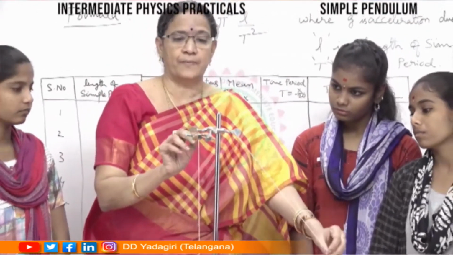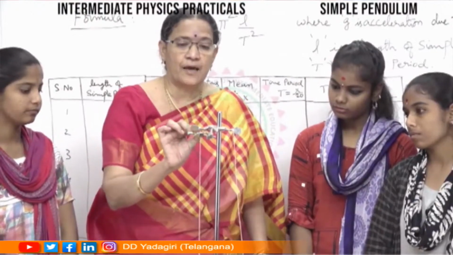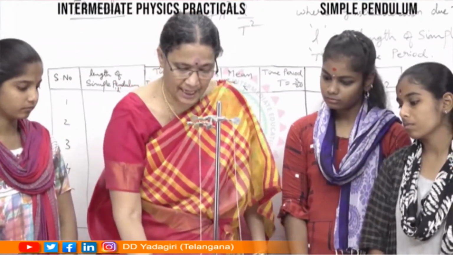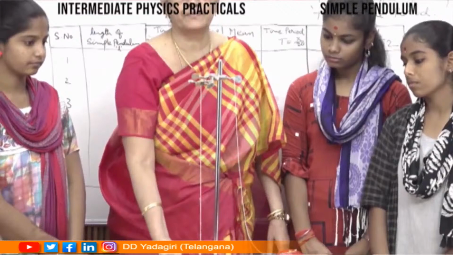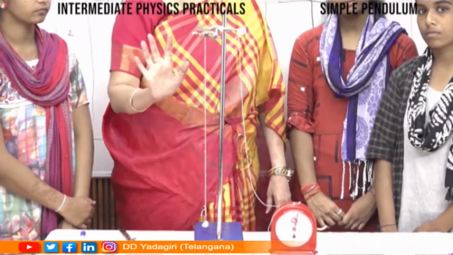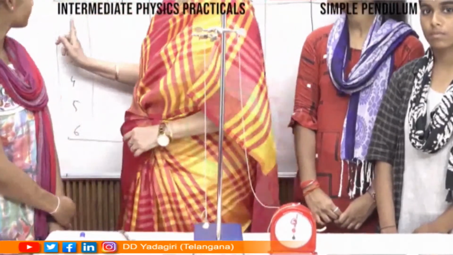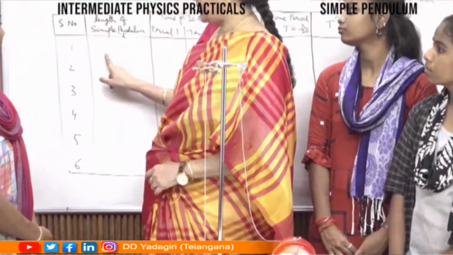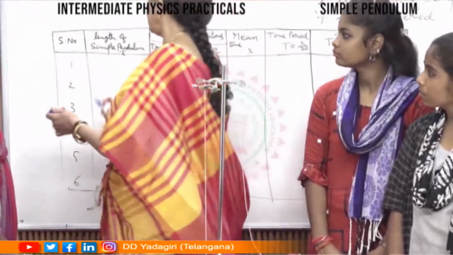Here is the ink dot. Now from the ink dot till the end, it is 51 centimeters. To the midpoint, it is 50 centimeters. So, I'm taking the first reading, length of simple pendulum, 50 centimeters.